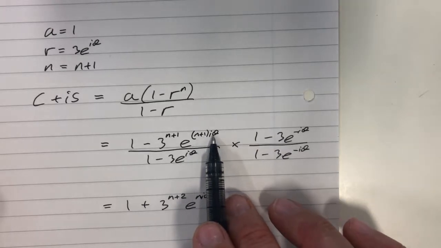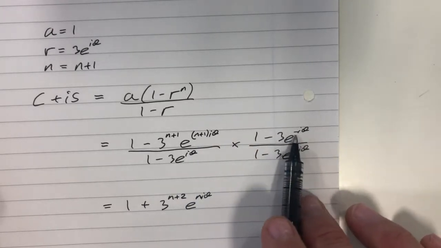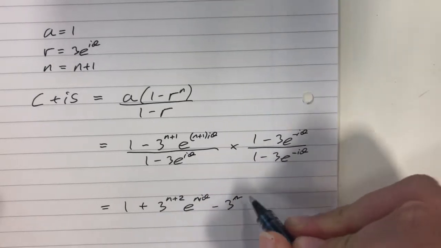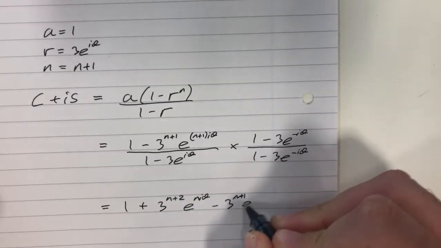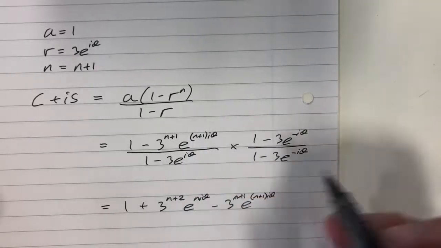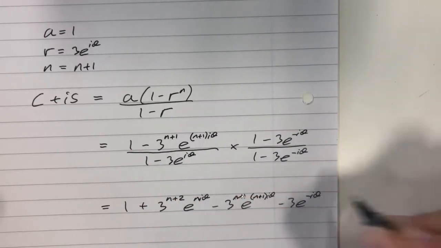And the extra i theta from here, the 1 in the bracket, is cancelled because of the negative there. I'm going to get a minus 3 to the n plus 1 e to the n plus 1 i theta. That's 1 times that. And then finally I get the minus 3e to the minus i theta.